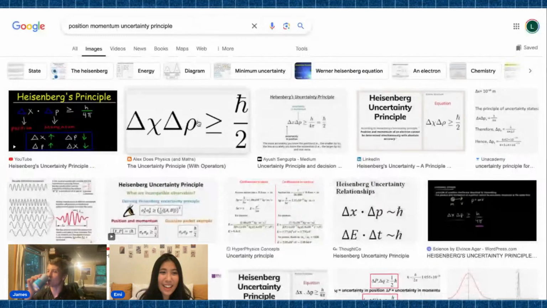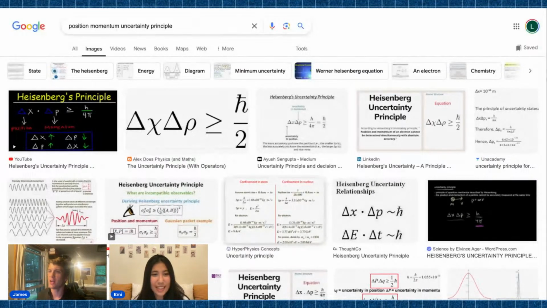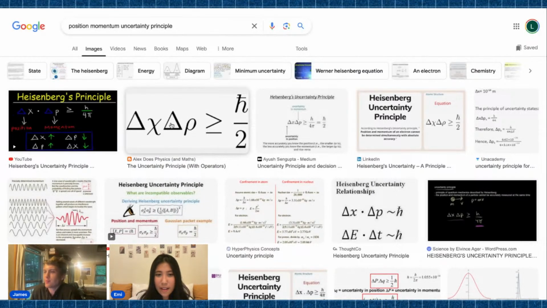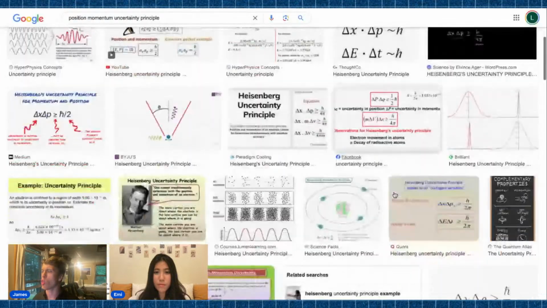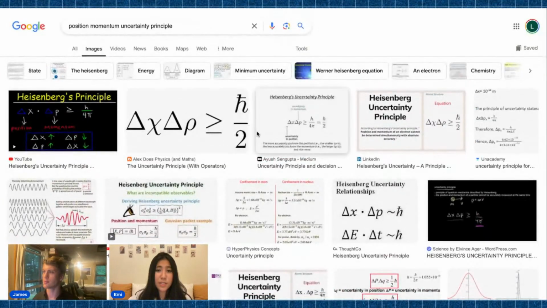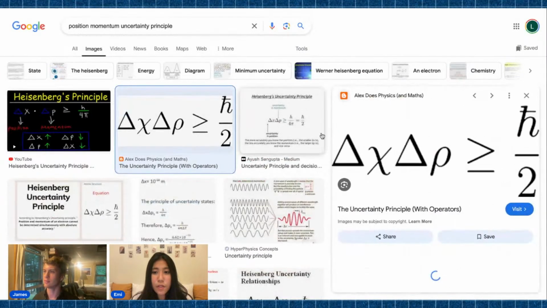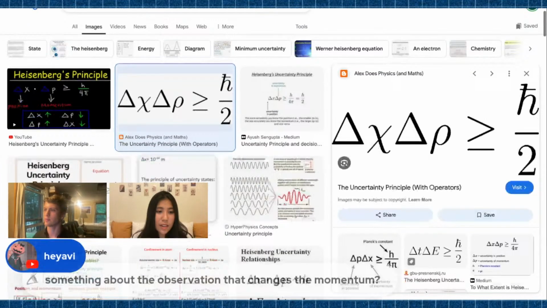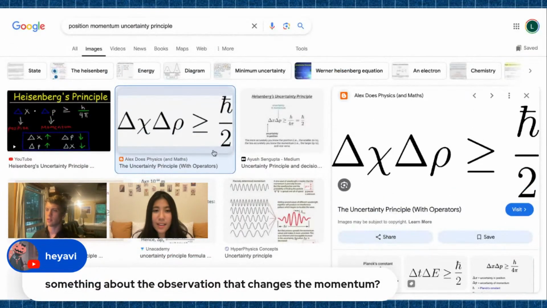What I can share is Heisenberg's uncertainty principle, which states that you have this inequality here: if you make an observation in the momentum, you can't get the position, and vice versa. Position is x, so delta x, and delta p is the momentum.